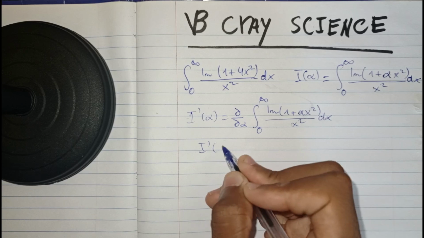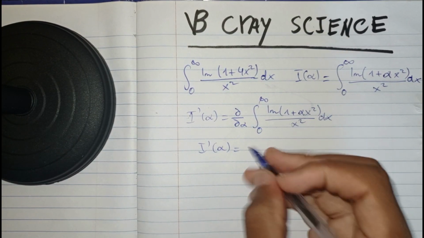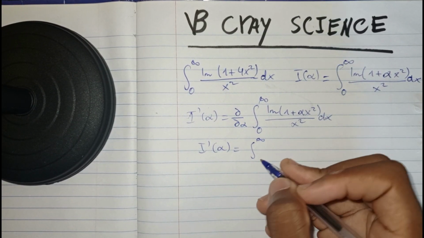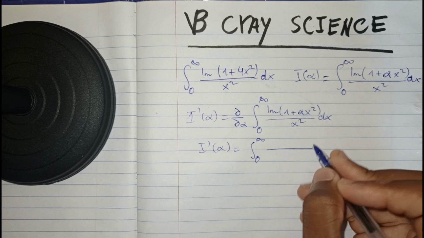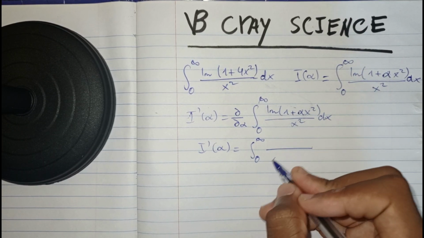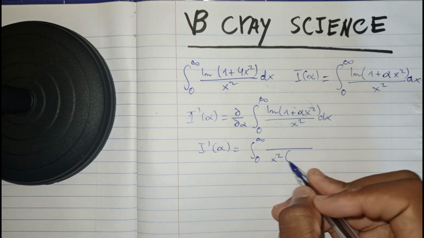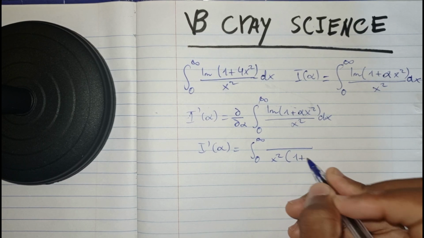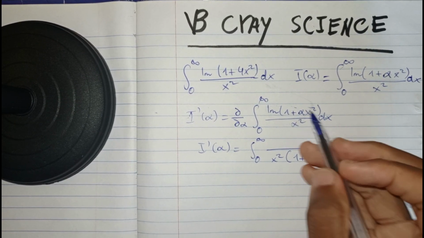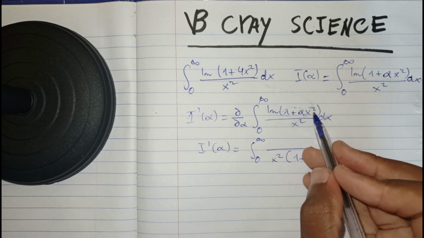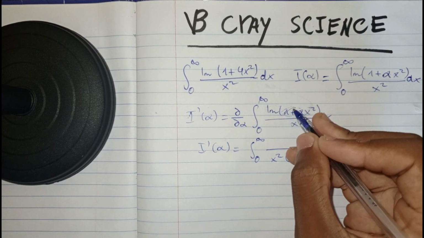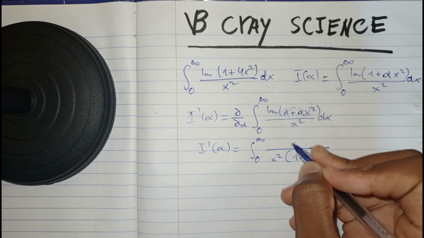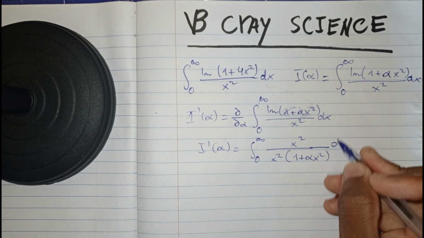If we differentiate this, what do we get? The derivative of the natural log: you all know that what is inside comes to the denominator. Then we need to differentiate what is inside the natural log. This is a constant, we get 0, and this gives x squared dx.